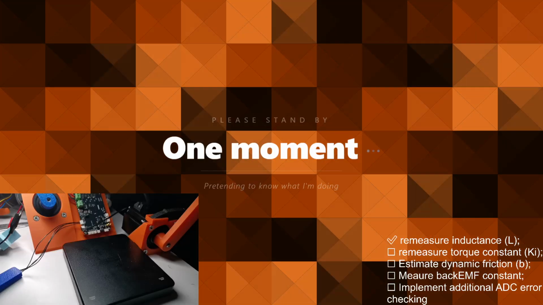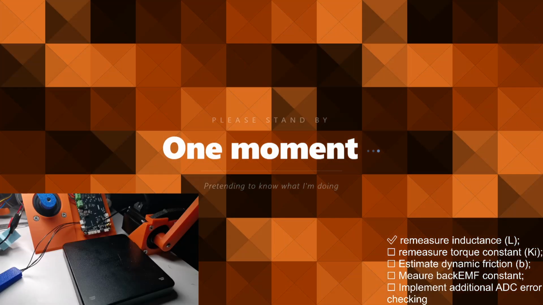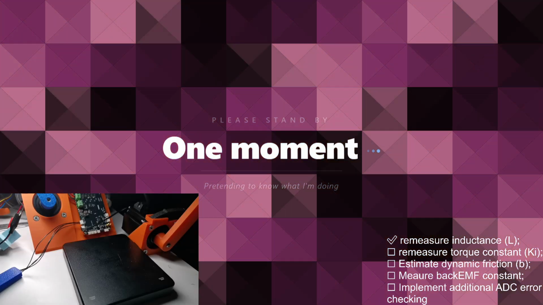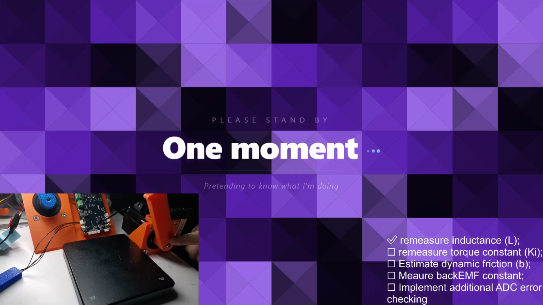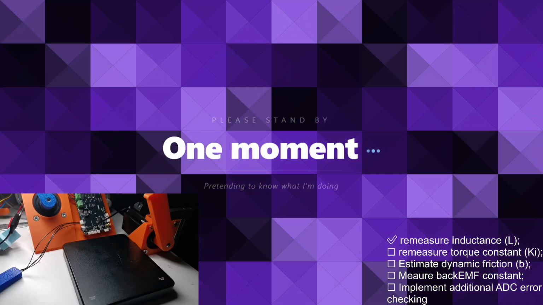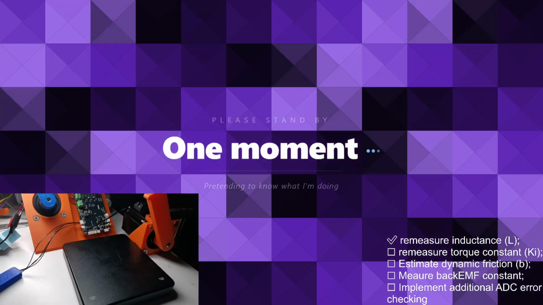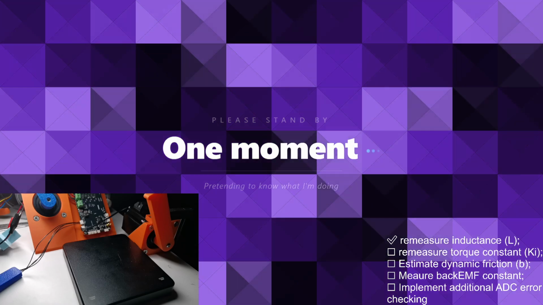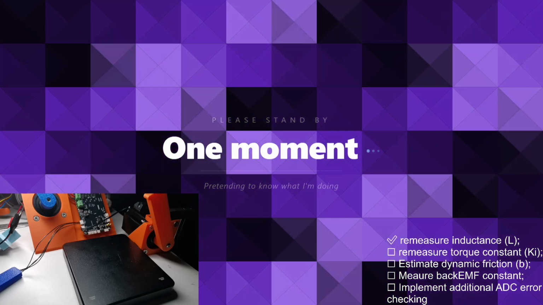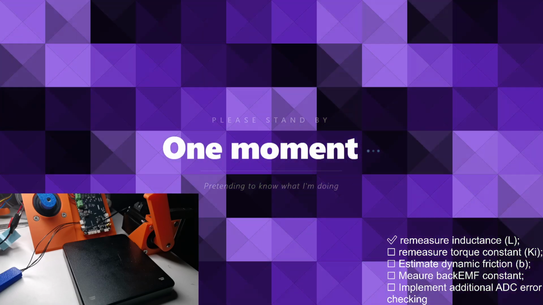Okay, I'm back. To measure the other test, we need to actually remove this part, because we need our shaft to spin with no limits. Where is my Allen key? It is here.